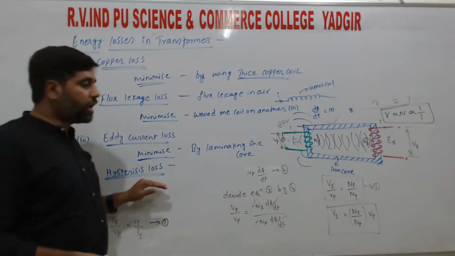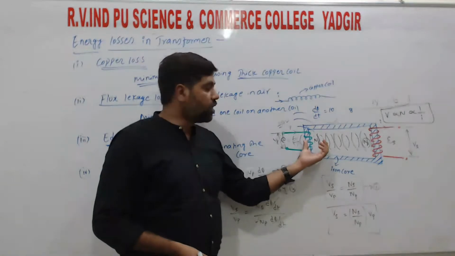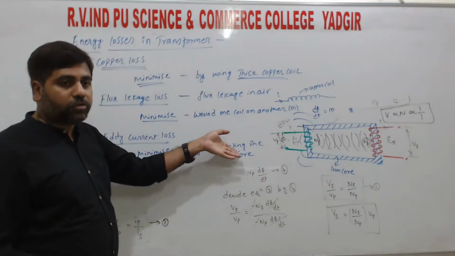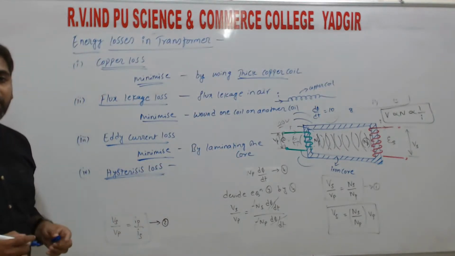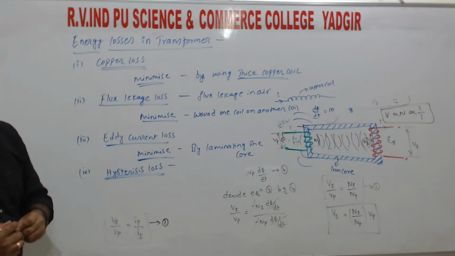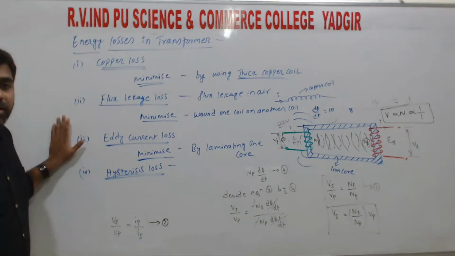How to reduce the hysteresis loss: less demagnetizing or less heat producing. By using materials that produce less heat, we can reduce the hysteresis loss, right? So that is about the energy losses in the transformer.